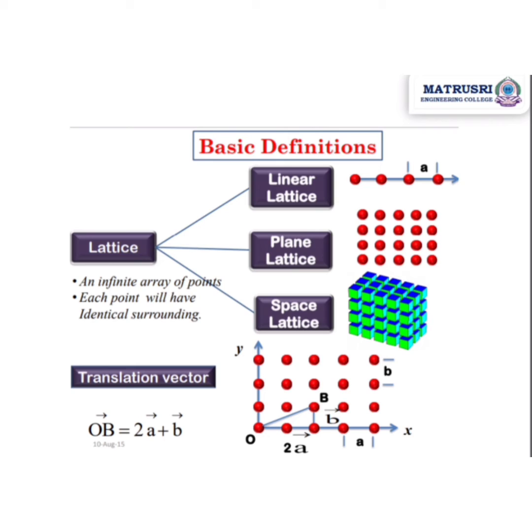A space lattice is defined as an infinite array of points in 3 dimensions, as you are seeing here in the slide, in which every point has surroundings identical to that of every other point in the array. If you take any one atom from the center, it will show similar surroundings around it. This kind of arrangement is called a space lattice.